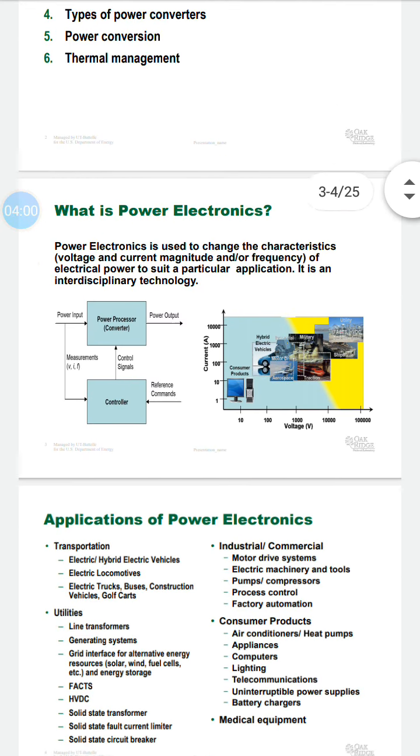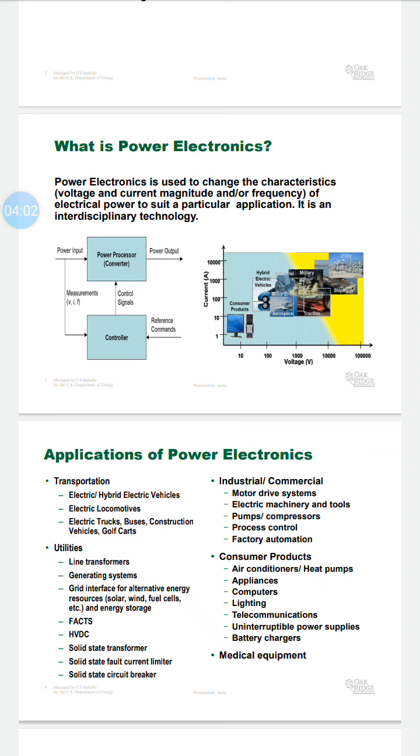Here, applications of power electronics: it is used in transportation, electric locomotives, buses, construction of vehicles, line transformers, generating applications, HVDC, solid state transformer, circuit breaker, motor drives, factory automation, process control, consumer products, air conditioning applications, and medical equipment.